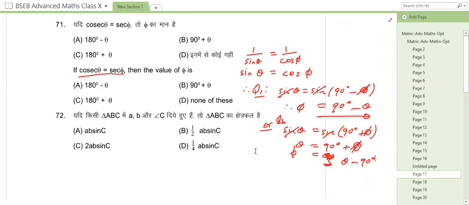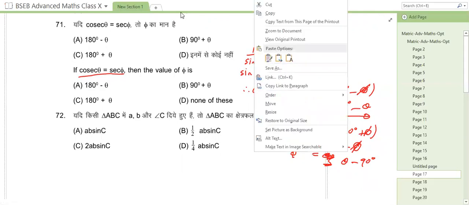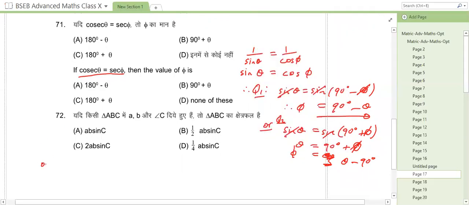What is the value of phi? Or let's try the other options out. Or we can keep, let's say, cos of phi is equal to sine theta. Where is cos positive?